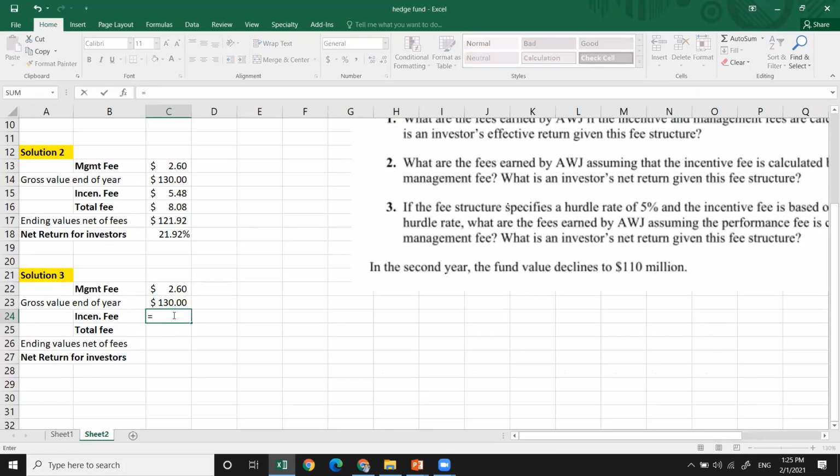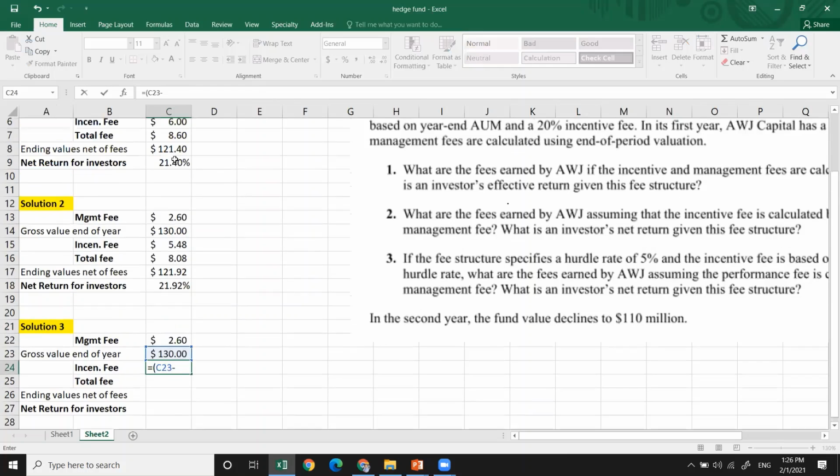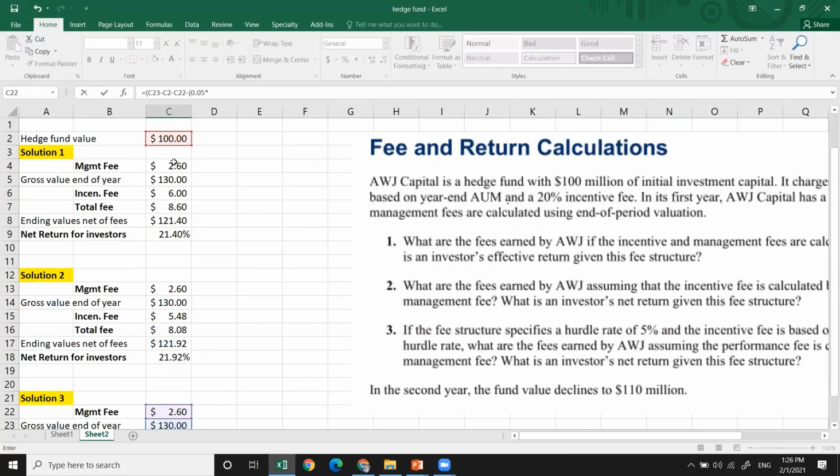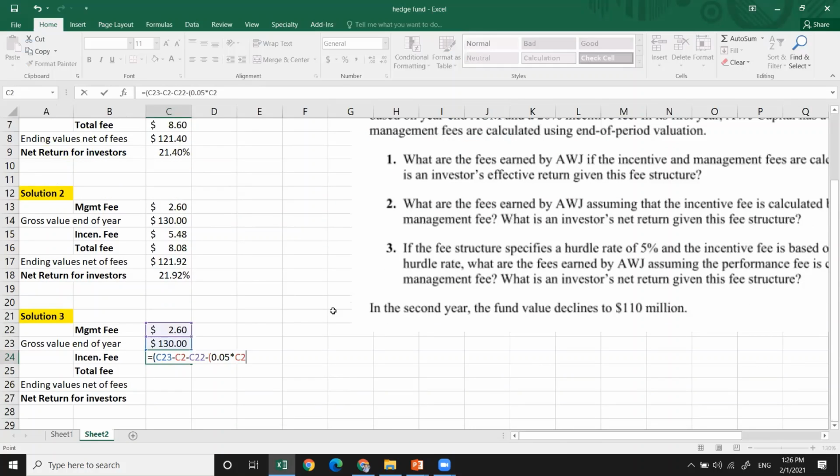And the incentive fee here is estimated with inclusion of, this is what we have done so far in the previous examples: 130 minus 100 minus the management fee and minus the hurdle rate, which is 5% of the value. And this is all multiplied by 20%.